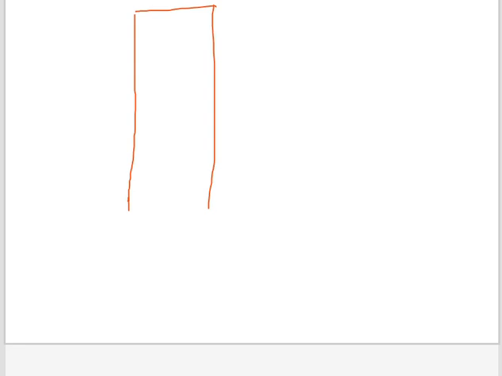This point is equal to this point, this is equal to this point, and this is equal to this point.